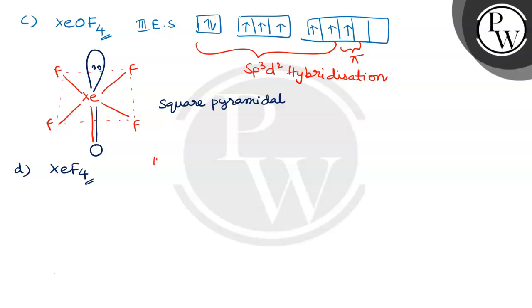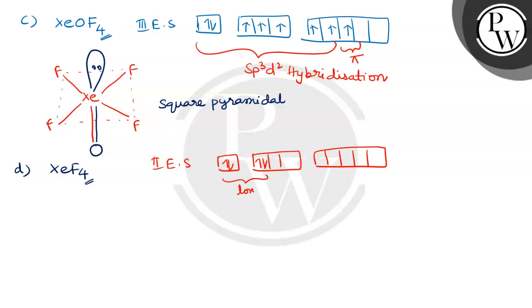Only 2 electrons are excited. And this is the orbital picturization. These 2 pairs are lone pairs. Okay, only 2 electrons get excited. 1, 2, 3, 4. 4 unpaired electrons are available.